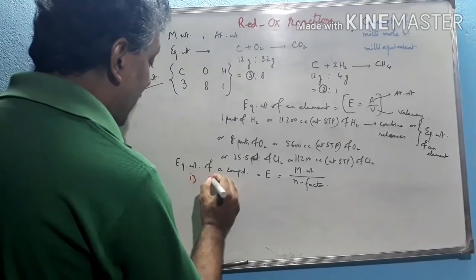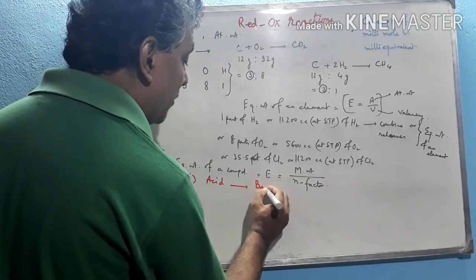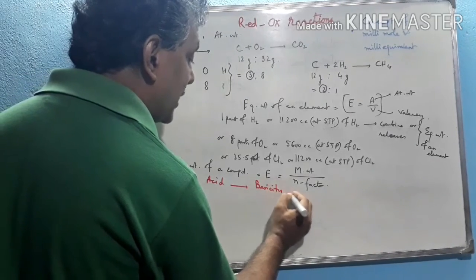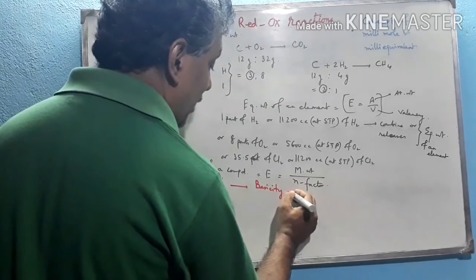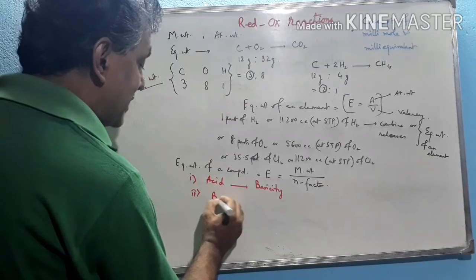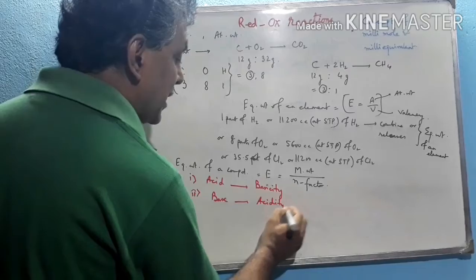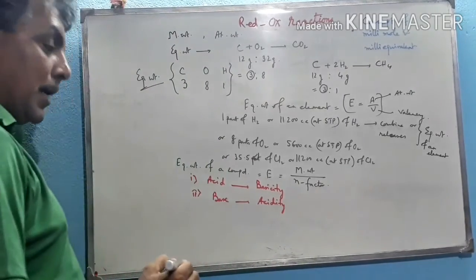In case of an acid, the n factor is the basicity of the acid, and basicity is the number of replaceable hydrogen atoms. In case of a base, the n factor is the acidity of the base, which is the number of OH minus ions.